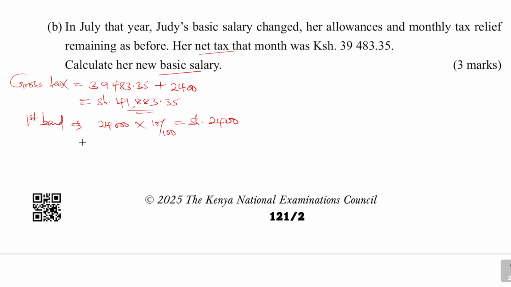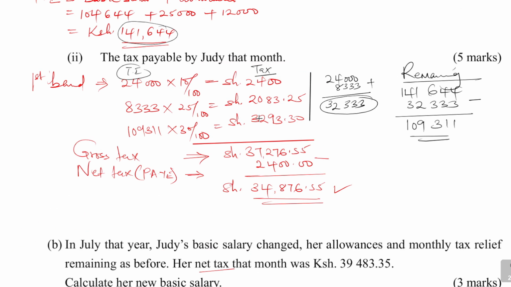And then the second band, the amount was 8,333 times 25%. This gives 2,083.25.